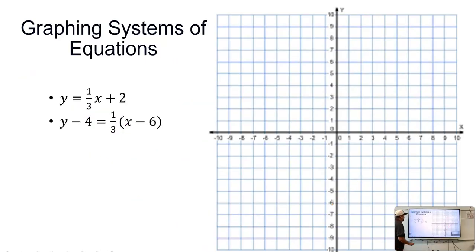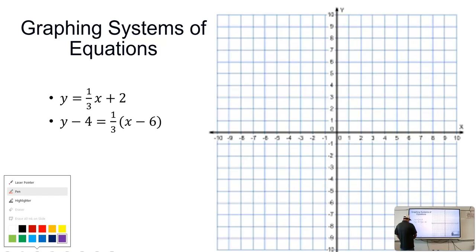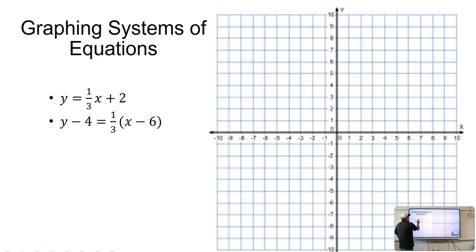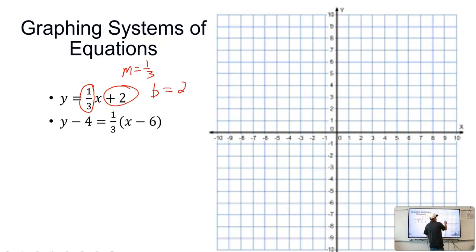All right, let's take a look at this one. This is slope-intercept form. So we have a slope of 1/3 and a y-intercept of 2. So graph at 2, go up 1, right 3, up 1, right 3.